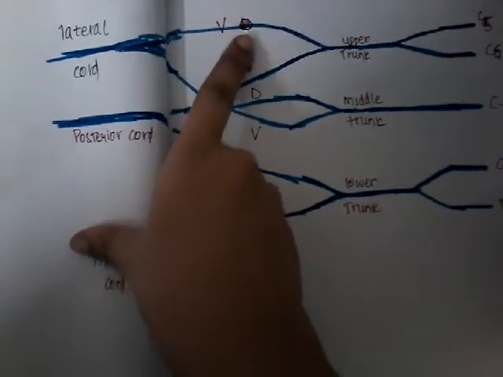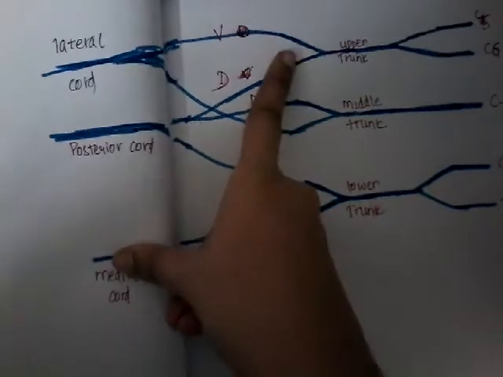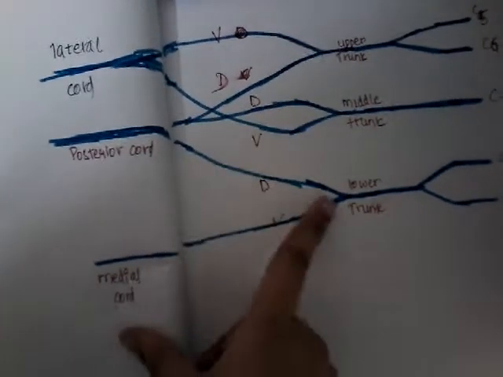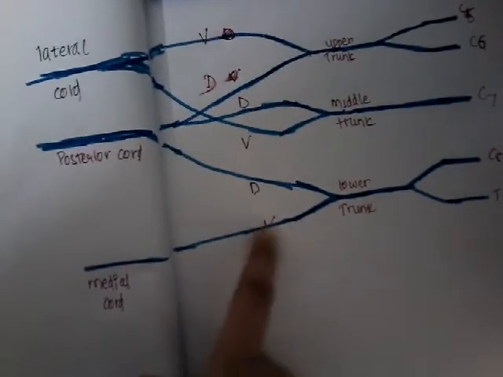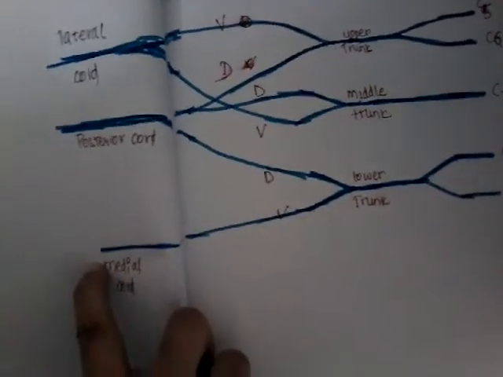So the lateral cord is formed by the ventral divisions of the upper trunk and the middle trunk. Upper, middle and lower trunk's dorsal divisions combine together to form the posterior cord, whereas the ventral division of the lower trunk will remain as the medial cord itself.